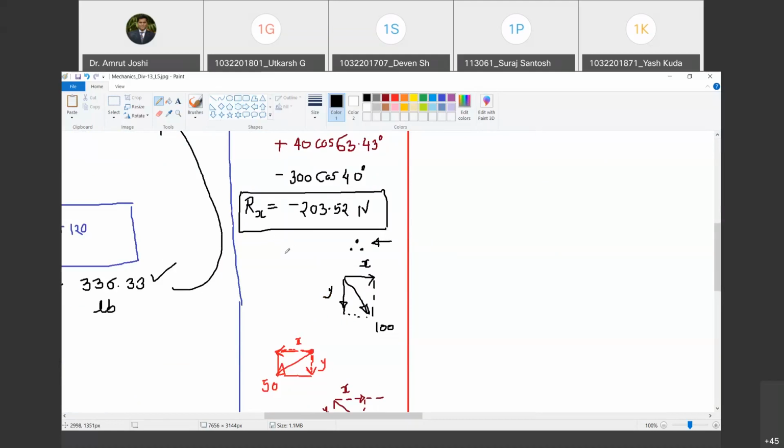It will become minus 203.52 in the left direction, that means it is 203.52 towards right. Are you with me? Yes, sir. So you have to be very careful in writing this sign. Negative sign, therefore it is towards left. Are you with me? Yes, sir.